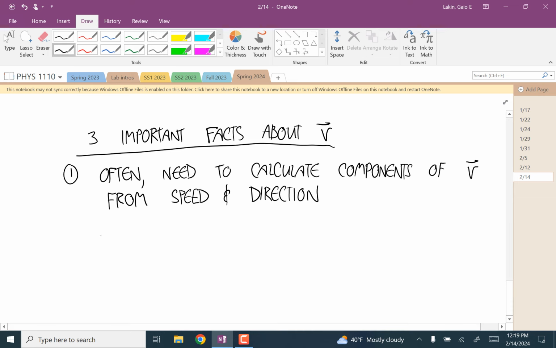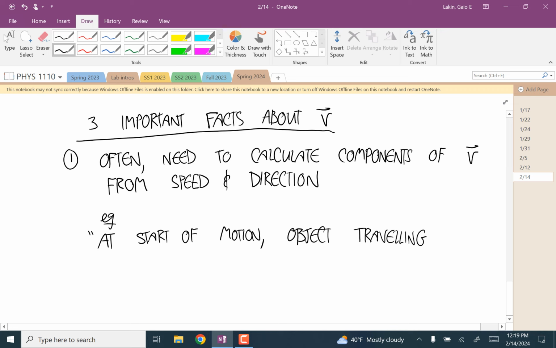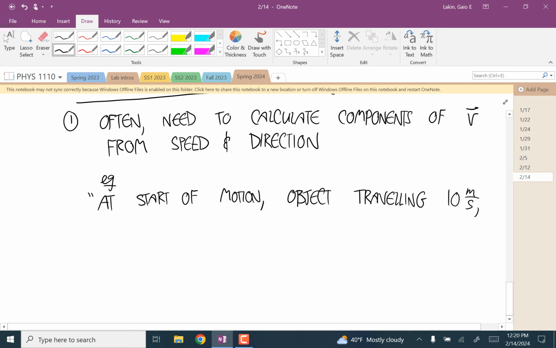Okay, so an example of this is a problem will say something like, at the start of the motion, the object is traveling 10 meters per second at an angle 30 degrees above the horizontal.